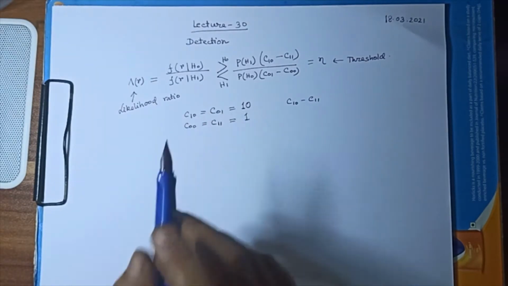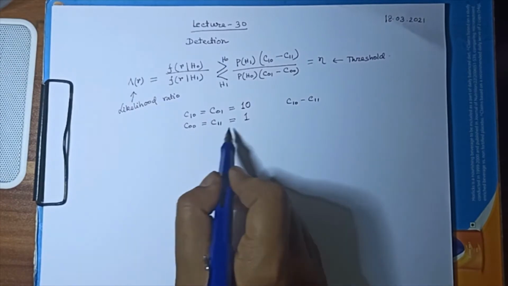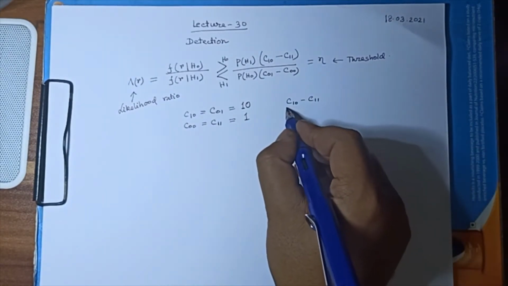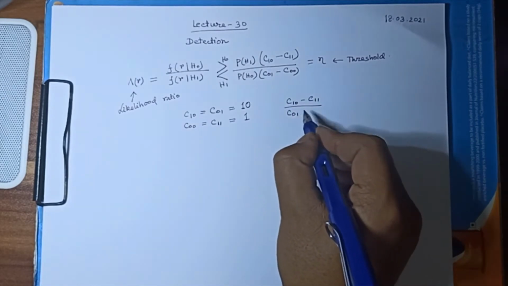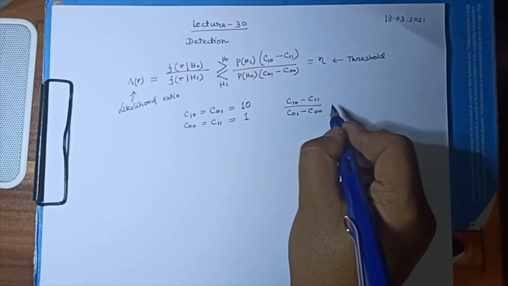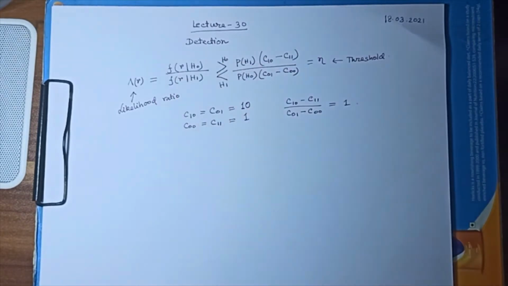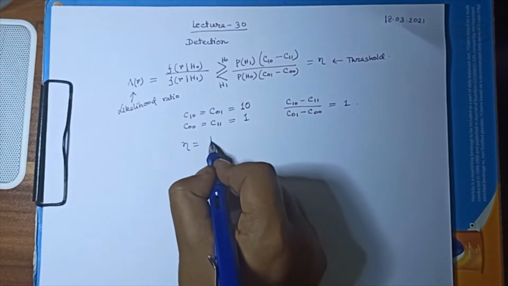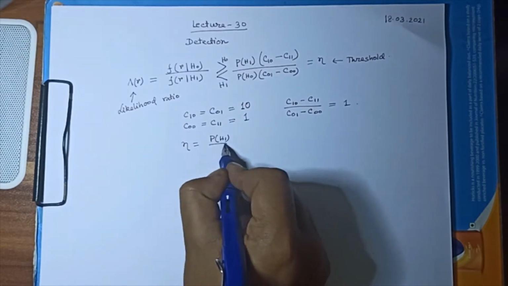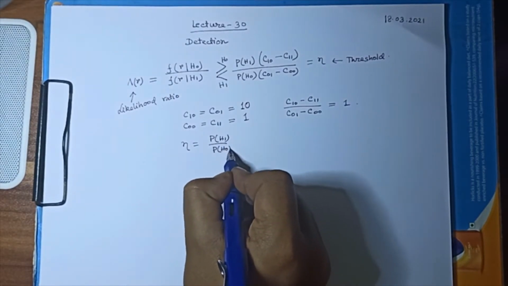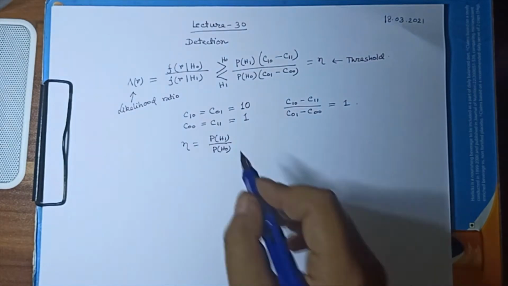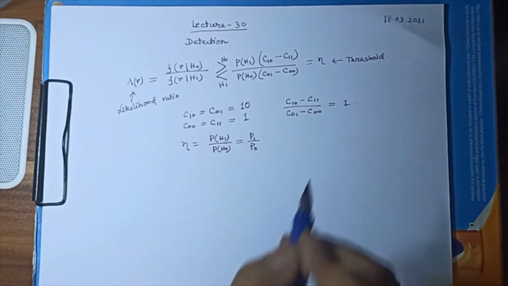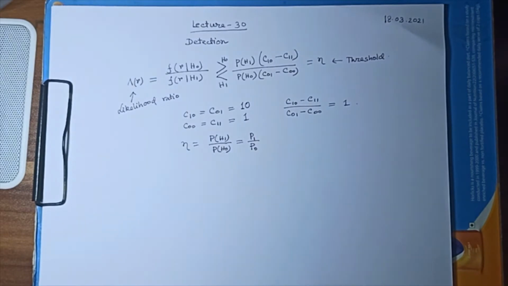I am saying that both are similar kind of error and these are similar kind of good stuff. So I can put 0 also. Anyway, so the idea is that this ratio is becoming 1, such that my likelihood ratio threshold becomes just simply PH1 divided by PH0, which I have written as P1 by P0 in the earlier slide. So I can write this as P1 by P0. These are the probabilities of the corresponding hypothesis.